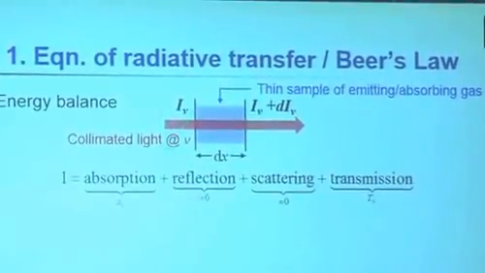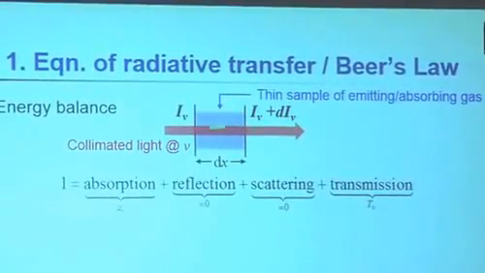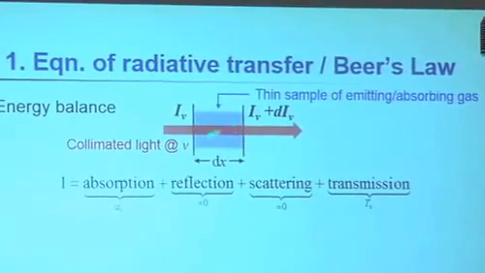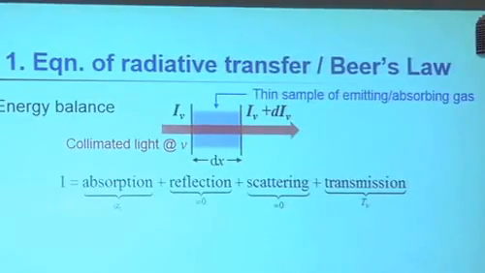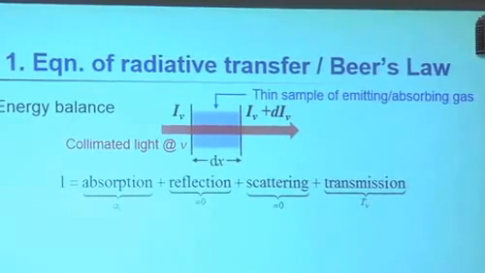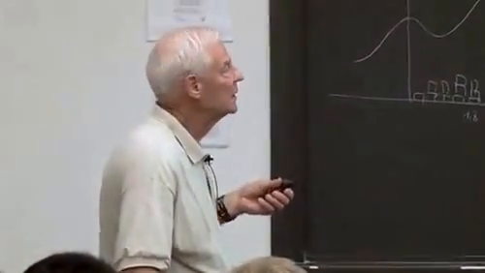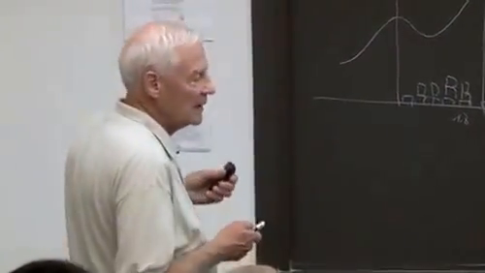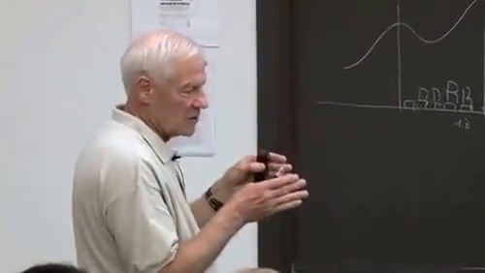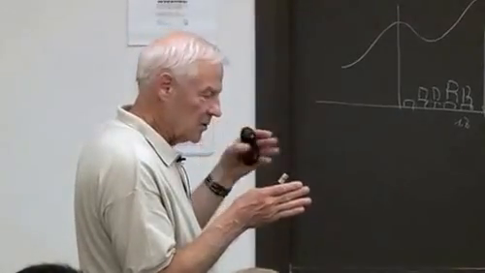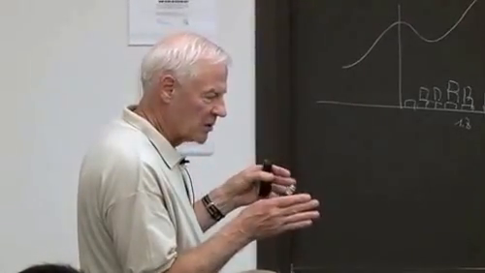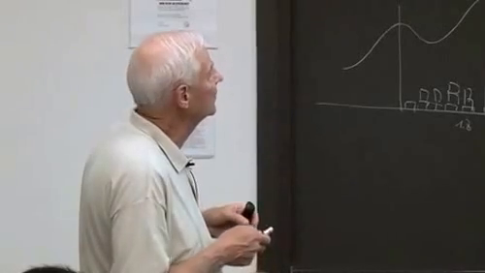But imagine that it goes through a sample of gas, an emitting, absorbing gas, and comes out with some modified intensity. Why? Well, if it's absorbing, then it's going to come out with less. If it's emitting, it might come out with more. So we're going to try to do an energy balance, and we're going to gradually work our way towards using this to define our spectral absorption coefficient, and then relating that to the Einstein coefficient.